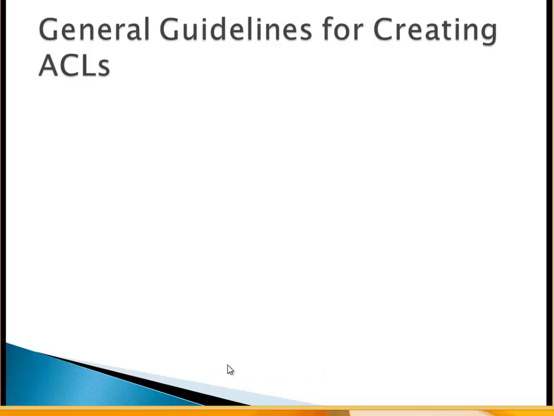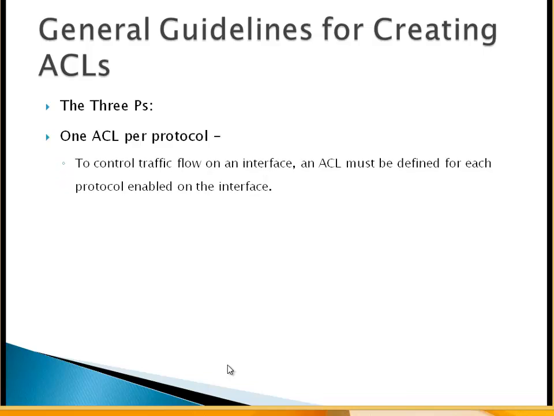General guidelines for creating ACLs. There are 3 P's when you think about ACLs. One access list per protocol. Whatever protocol you're using, IP, IPX, AppleTalk, whatever, you have one access list per protocol. To control the traffic flow on the interface, an ACL must be defined for each protocol enabled on the interface.